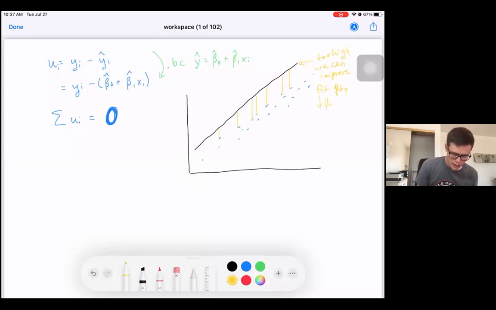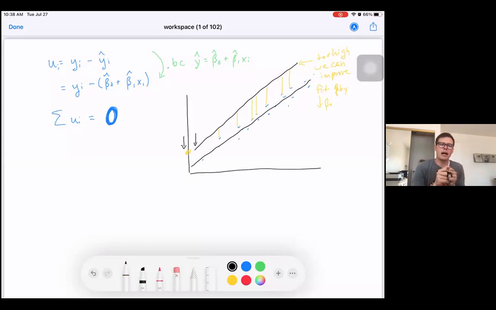Remember, beta naught is the y-intercept. Watch this. If all we did is push down the y-intercept of this line, we can get it to go all the way through all these points. The distance between the points and the line will be made smaller, so it's a better fitting model.